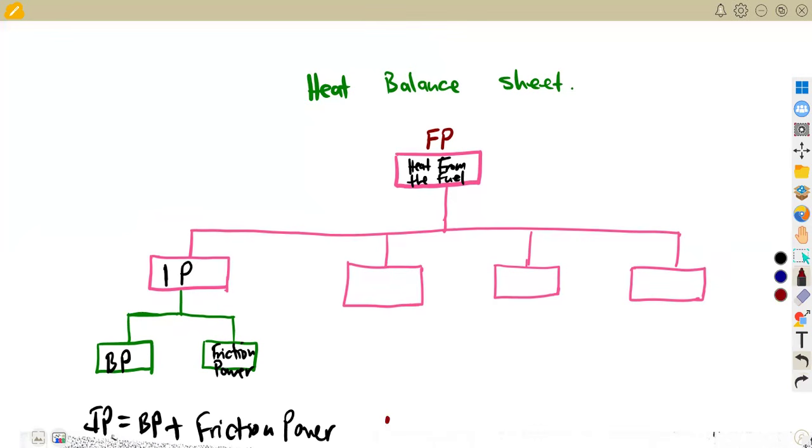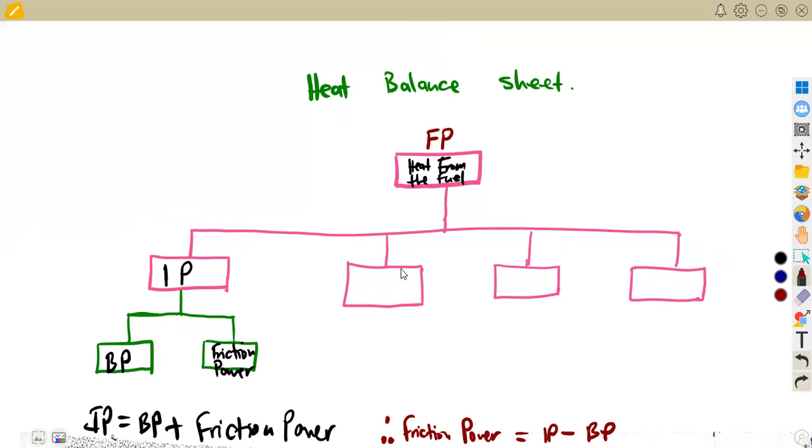Therefore, if we are to make the friction power the subject, we just have to transpose the brake power to the other side. So the friction power, because it is the one that in most cases you are being asked, is going to be the indicated power minus the brake power.